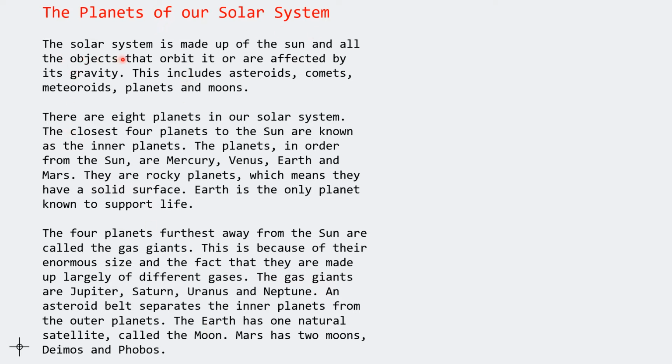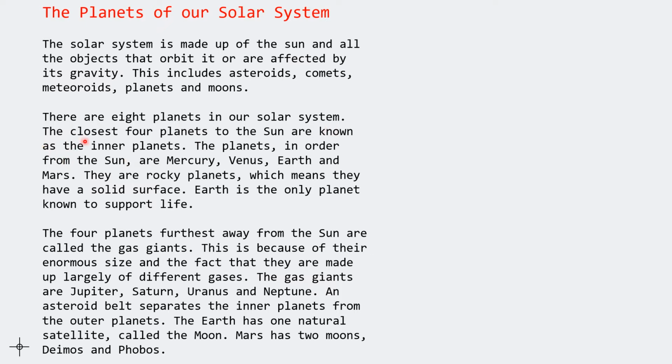The solar system is made up of the sun and all the objects that orbit it or are affected by its gravity. This includes asteroids, comets, meteoroids, planets, and moons. There are 8 planets in our solar system.